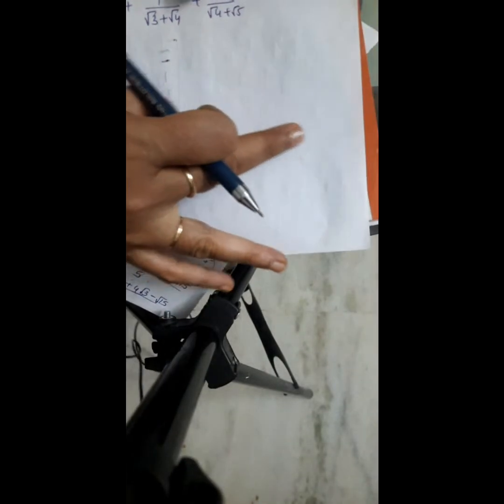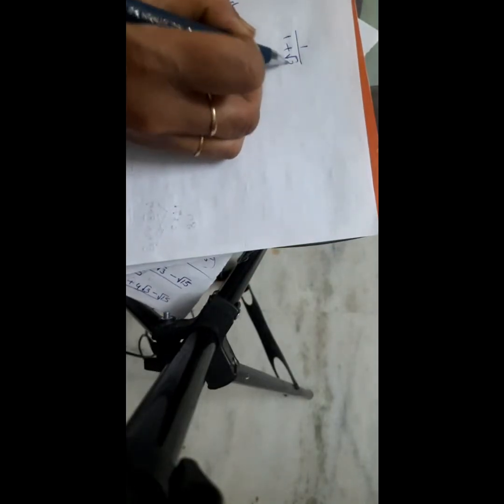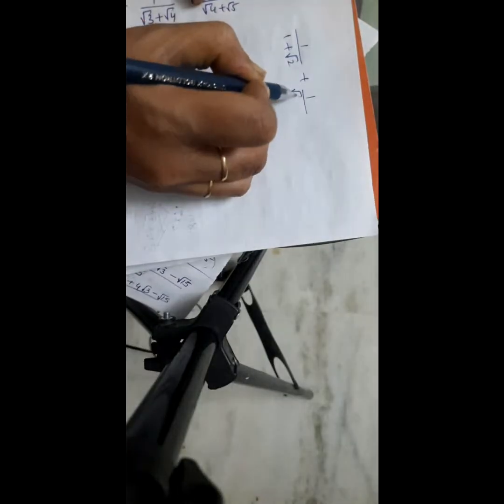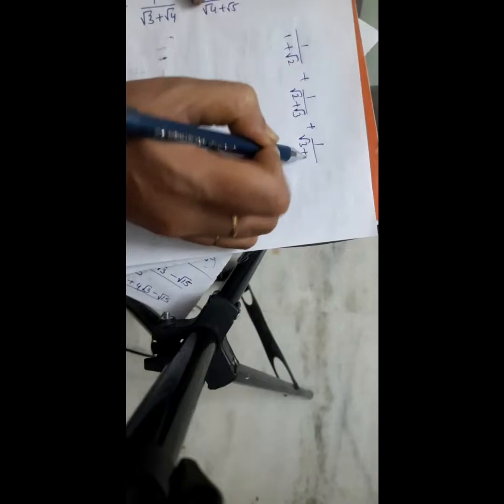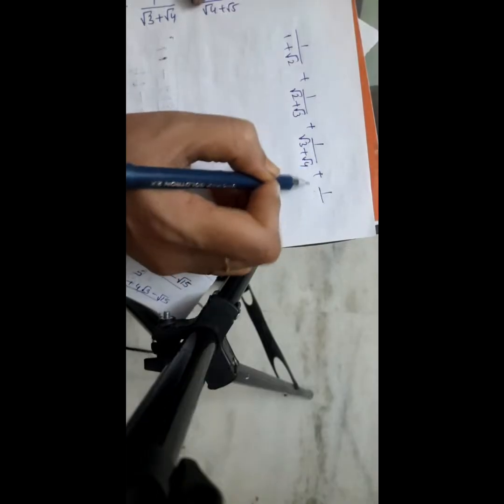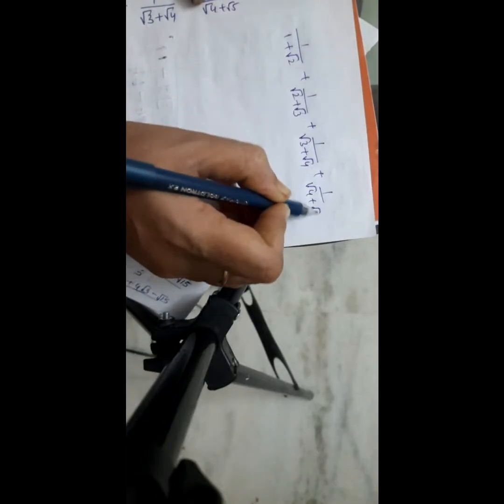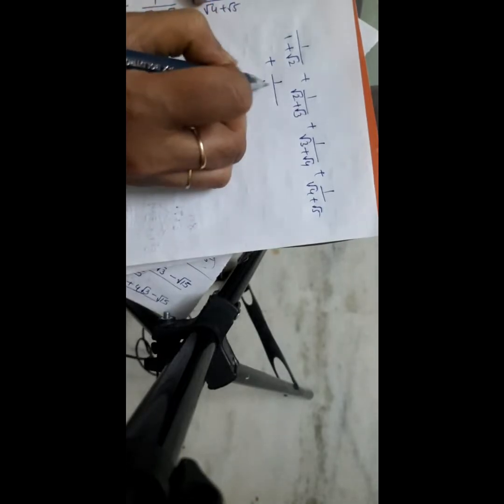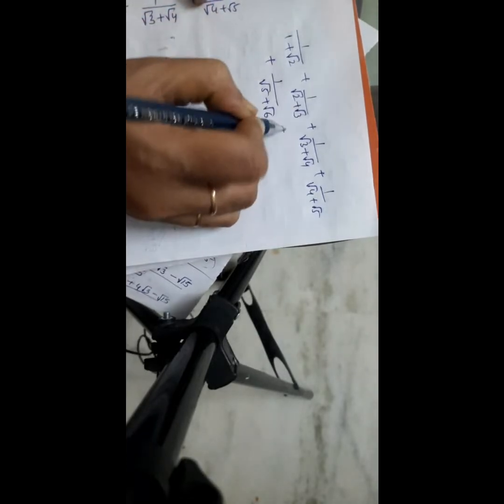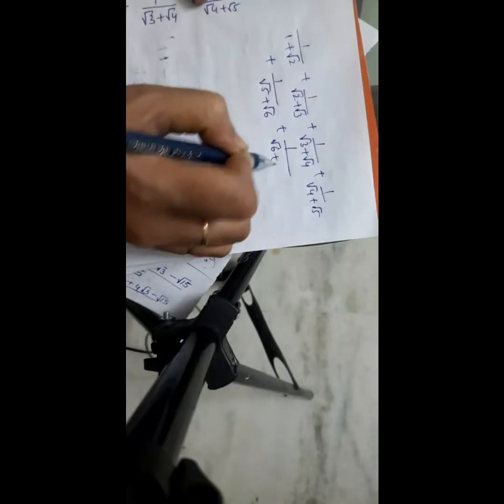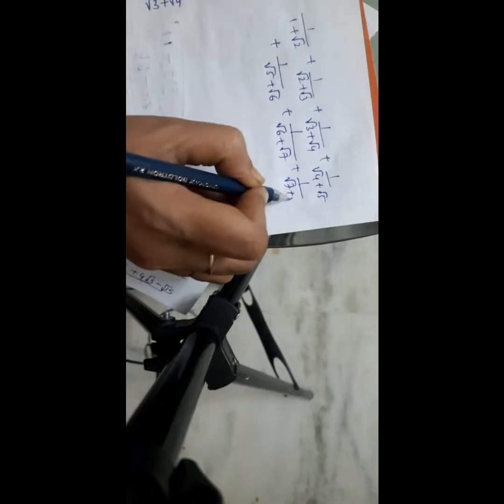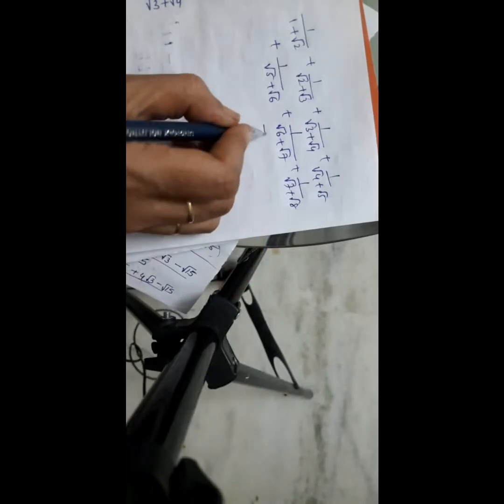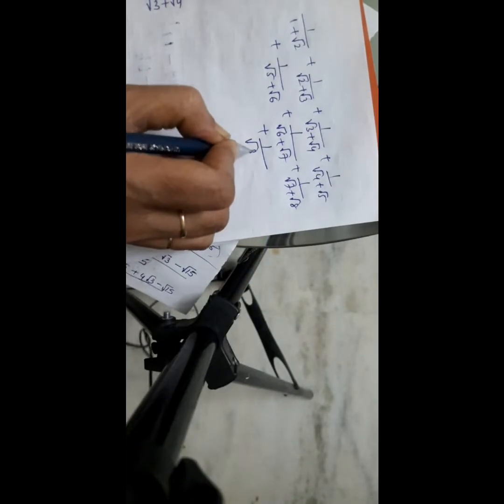Write the question once again. 1 upon 1 plus root 2, 1 upon root 2 plus root 3, 1 upon root 3 plus root 4, 1 upon root 4 plus root 5, 1 upon root 5 plus root 6, 1 upon root 6 plus root 7, 1 upon root 7 plus root 8. Finally, it's got over.